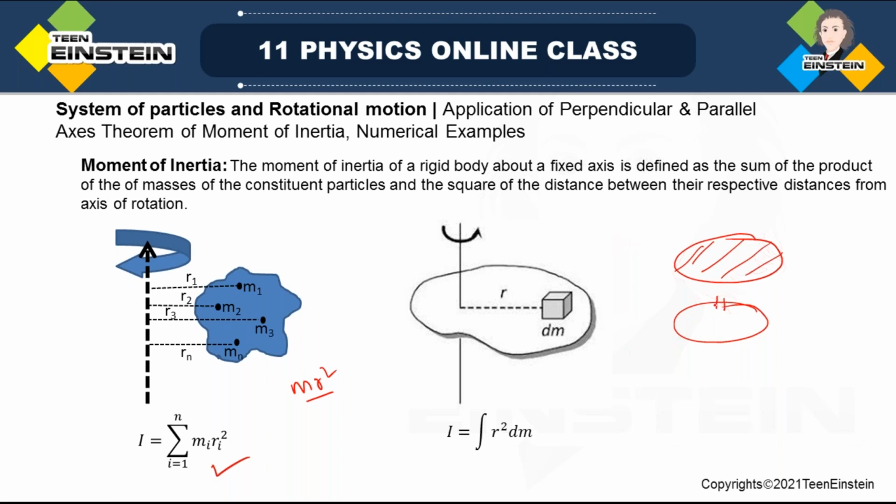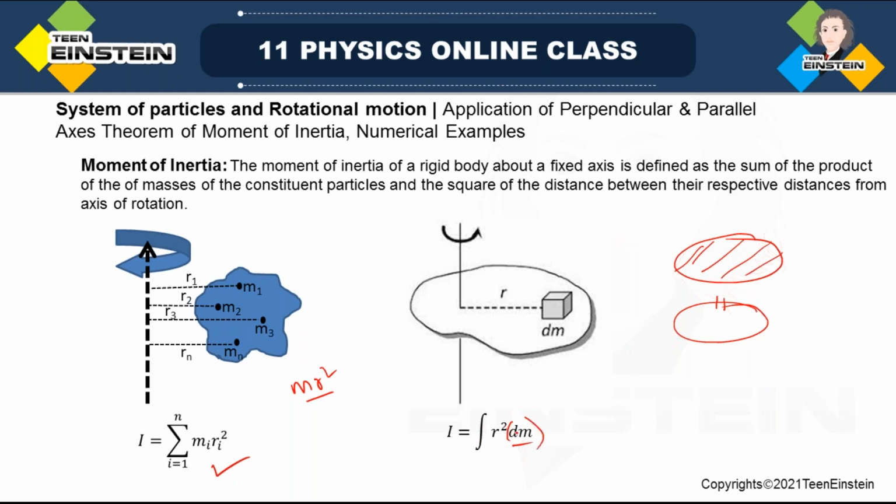In such cases, to calculate the moment of inertia for a continuous mass distribution, it is actually mass times the square of the distance from that mass distribution to the axis of rotation. Since the mass is not discrete, you have to take an elemental mass, note down its distance from the axis of rotation, and then do the integration.